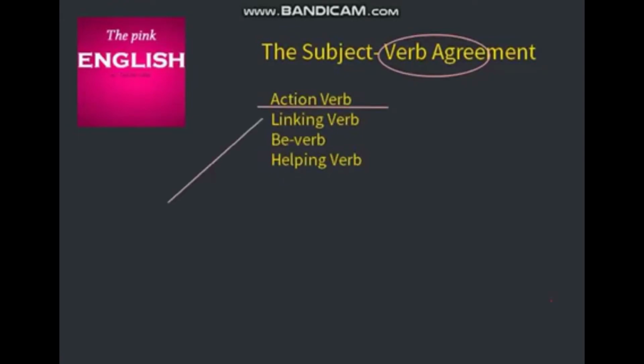But first, what is an action verb? As we all know, an action verb is a verb that expresses action. For examples, we have jump, climb, wash, what else? Walk.